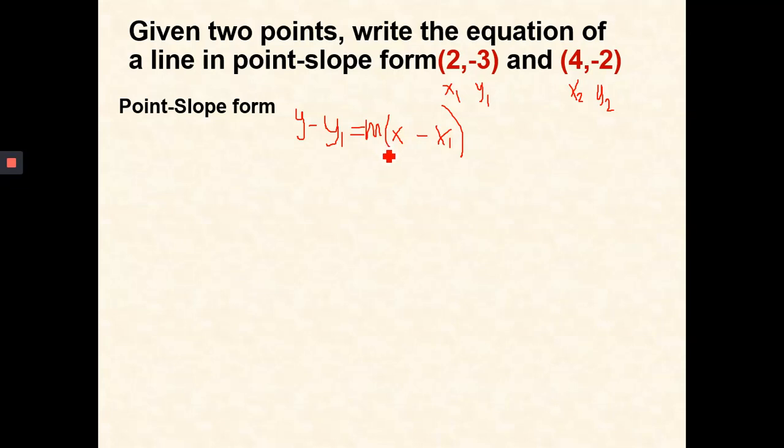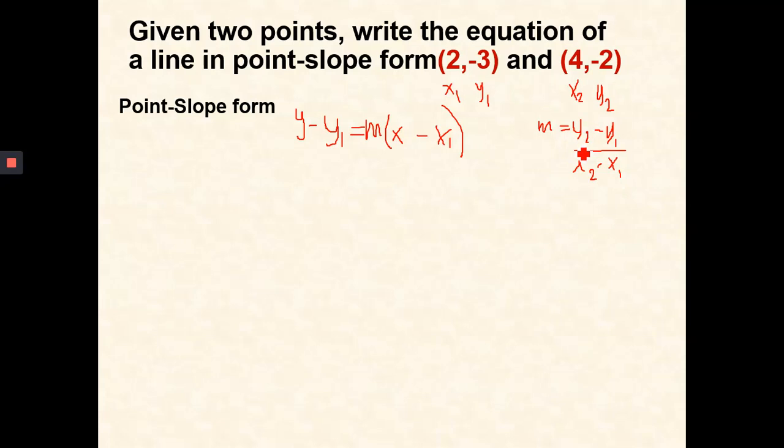Since we do not have the slope and we are given 2 ordered pairs, we need to find the slope first. And what is the formula for slope? You have y sub 2 minus y sub 1 all over x sub 2 minus x sub 1. Can you follow?